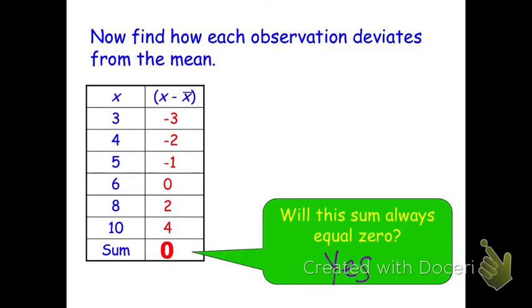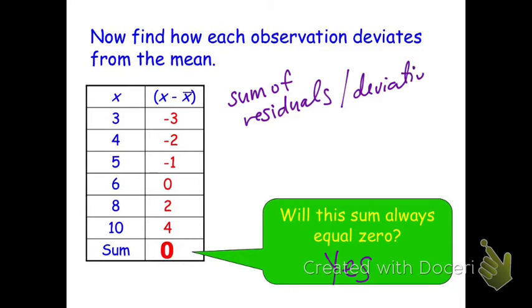So when you're averaging something, the sum of the deviations, we'll call them residuals later on, is always 0, because the mean is your balancing point.